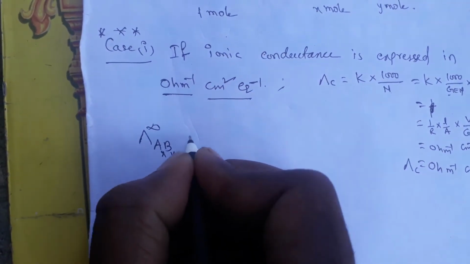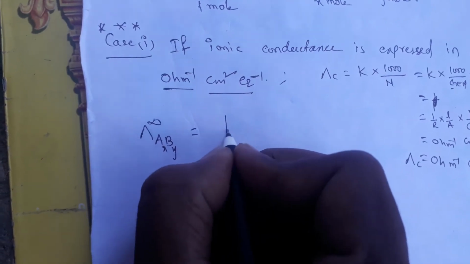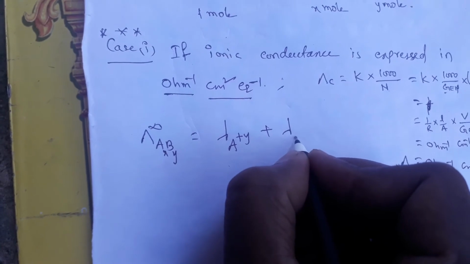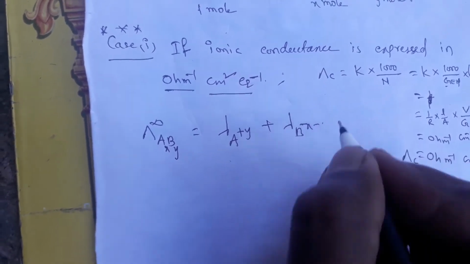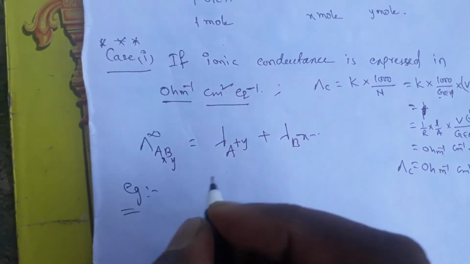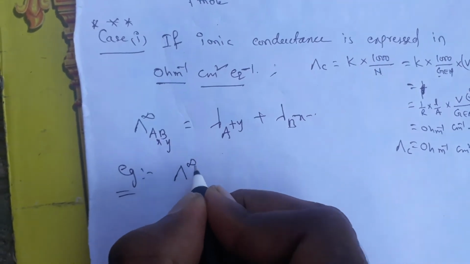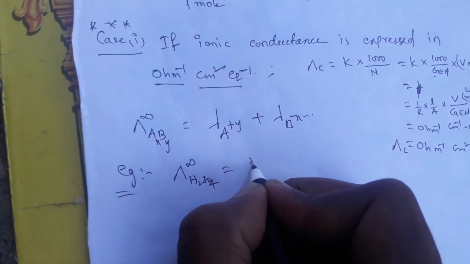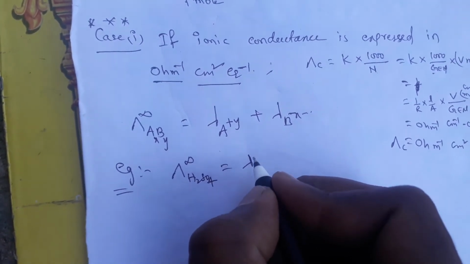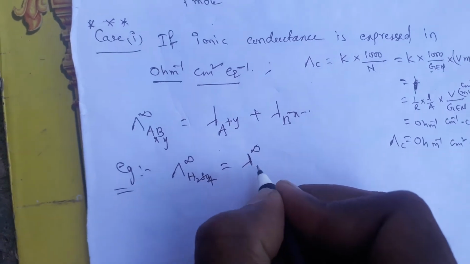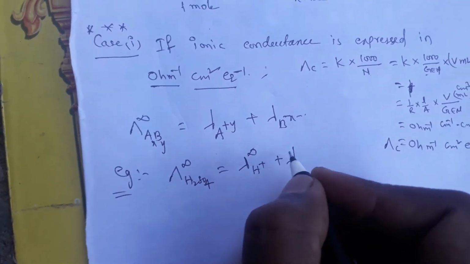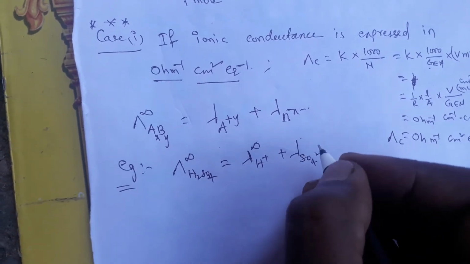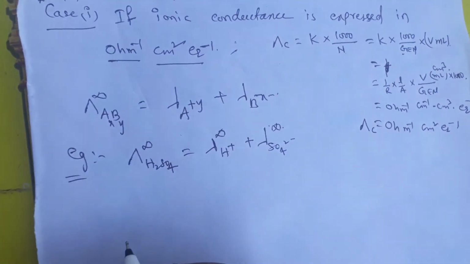For AxBy, lambda infinity is equal to y times lambda of A to the power of x plus, plus x times lambda of B to the power of y minus. For example, if I take the lambda infinity of H2SO4, the cation is H plus ions, so H plus and lambda of SO4 2 minus. Here lambda is the infinite dilution of SO4 2 minus.